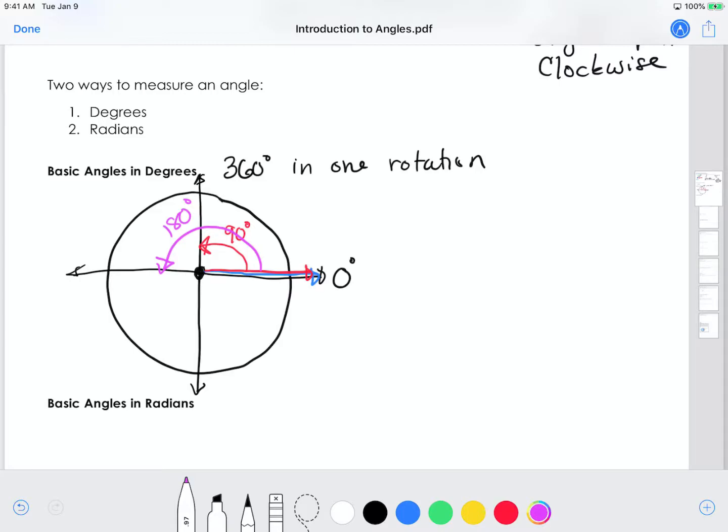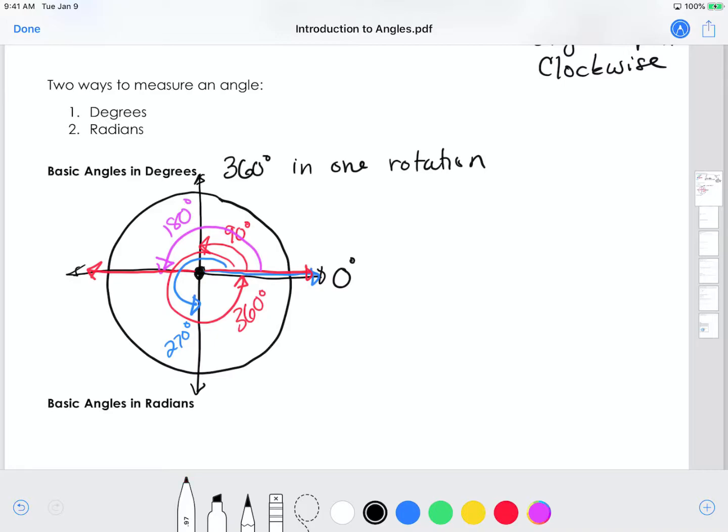So now my initial side and my terminal side are going in opposite directions. It looks like a line with arrows pointed in both directions. If I swing open to the negative y-axis, that would be 270 degrees. And then if I do my full rotation, that gives me 360 degrees.